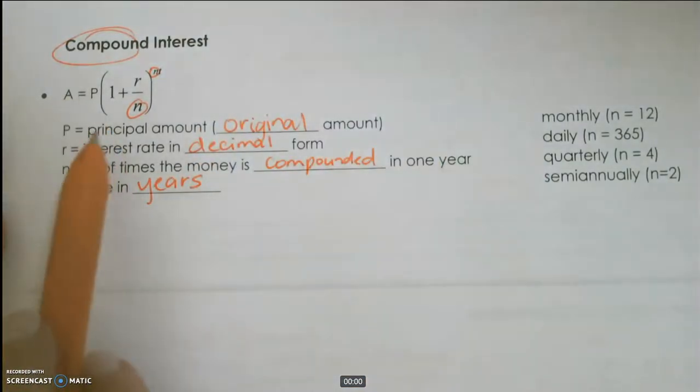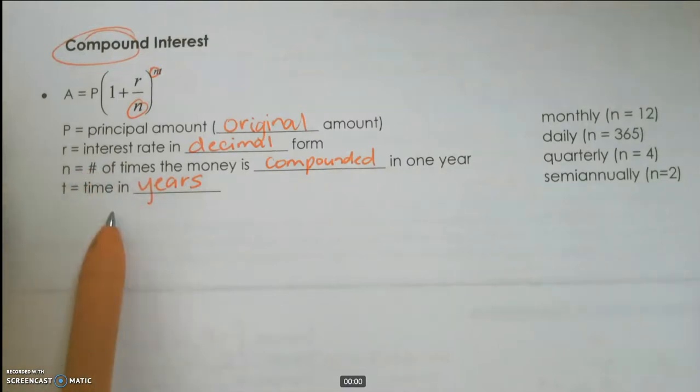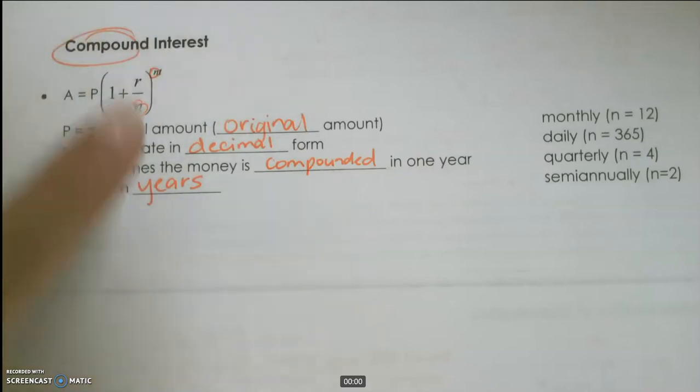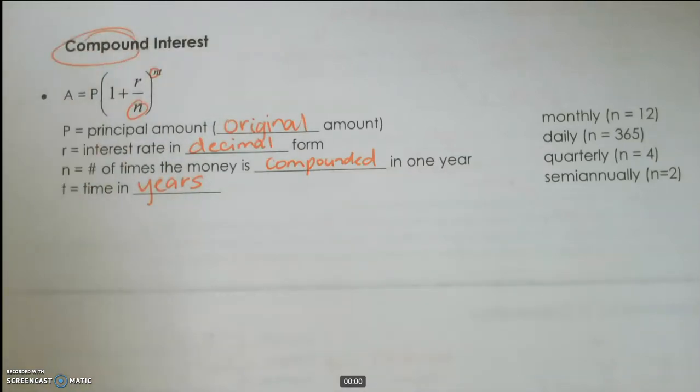So essentially you would be given the principal amount, the interest rate, the number of times it's compounding, and how many years you want to see into the situation, for how much money you have. All of it would just be plugged in and then calculated, which you'll see in your practice problems on the next page. Good luck.